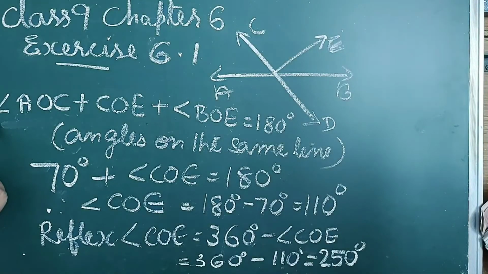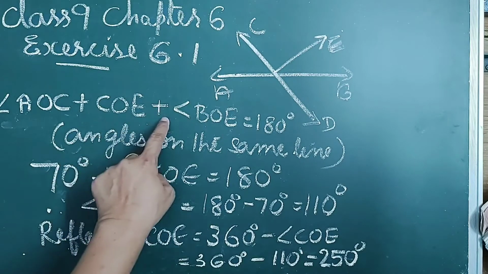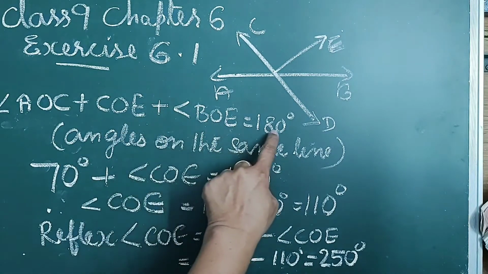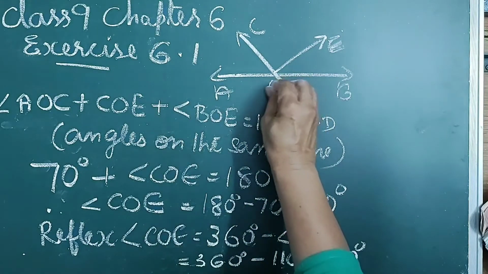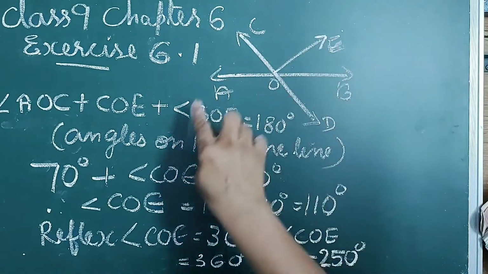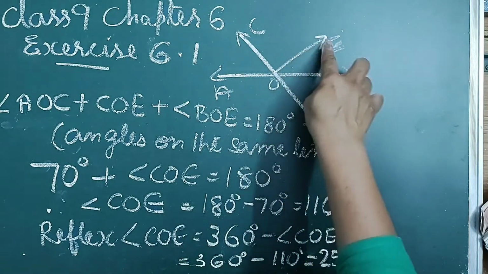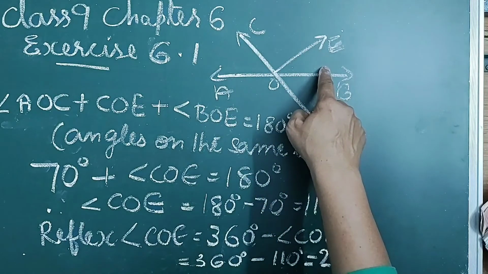Now, second part. Angle AOC plus angle COE plus angle BOE equal to 180. All these three angles are on the same line.